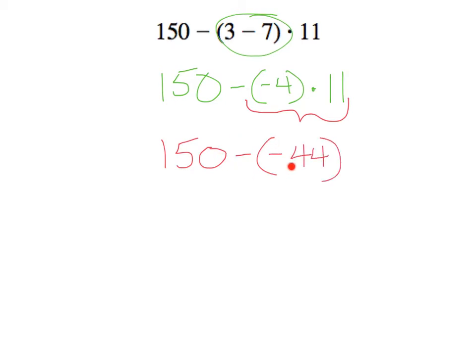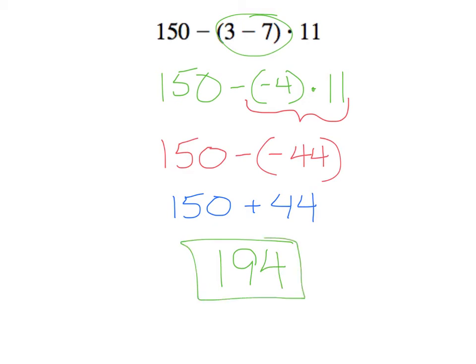Now remember, students, two negative signs in a row actually turn into a plus sign because subtracting a negative is like adding a positive. So we can rewrite this whole thing right here as 150 plus 44, which combines to be 194 positive.